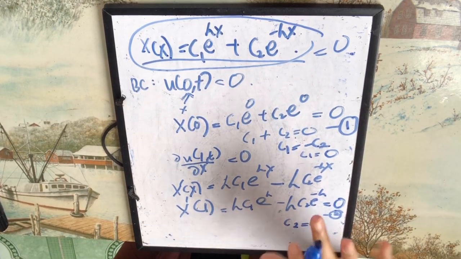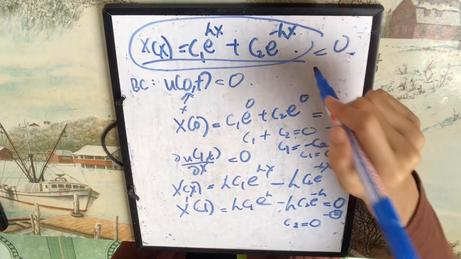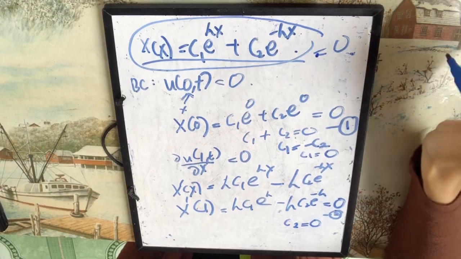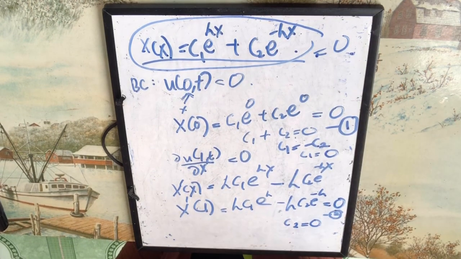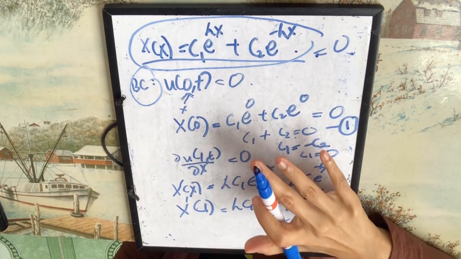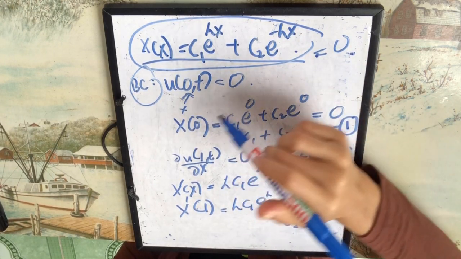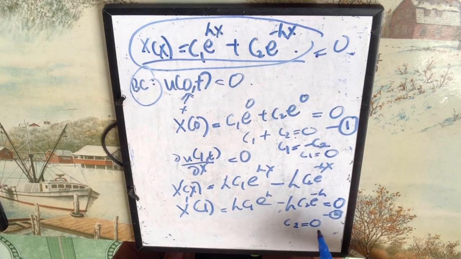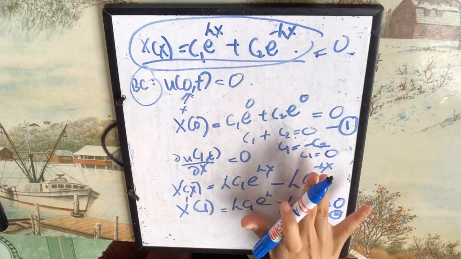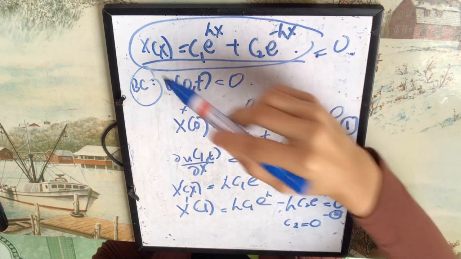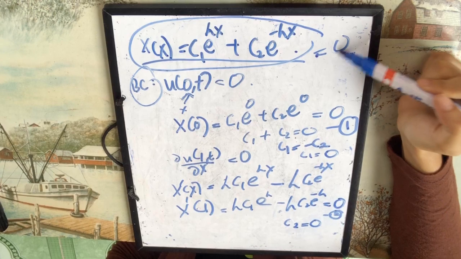The first step is to find x. Then we would find t, but for this question, because they gave you a BC, you need to settle x first before you proceed to t. Settling x means finding the values of C1 and C2 using your BC, then substituting them back into the x equation, and you get 0.